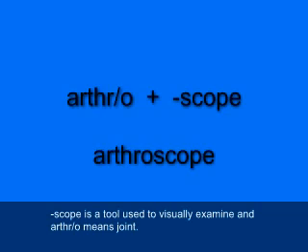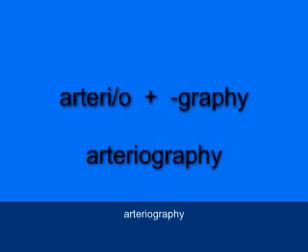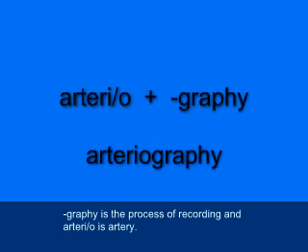Scope is a tool used to visually examine, and arthro again means joint. And what would be the term for the process of recording an image of an artery? Well, that would be arteriography, A-R-T-E-R-I-O-G-R-A-P-H-Y. Graphy is the process of recording, and arterio is artery.